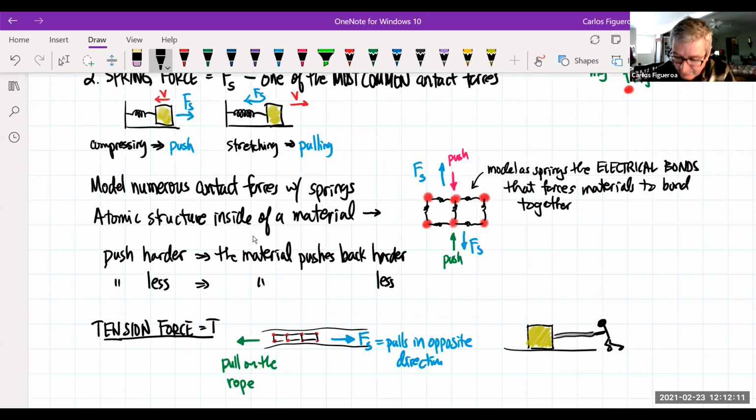As they pull, the force of the person goes that direction, but the rope pulls in this direction, and this is going to be my tension force. So as I pull this way, I feel the tension force in the opposite direction.